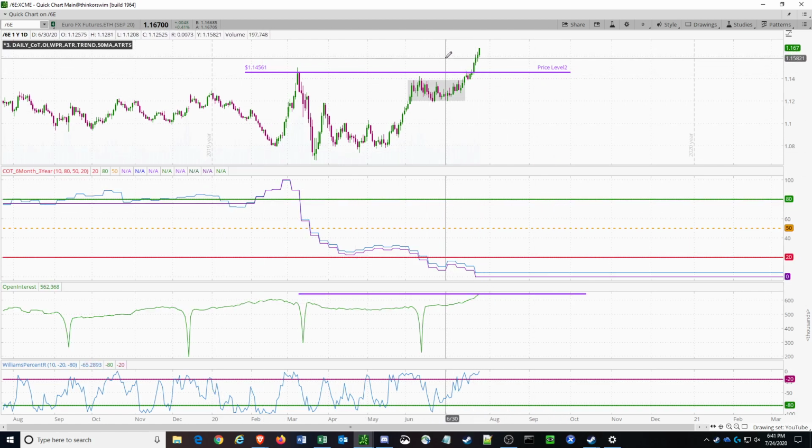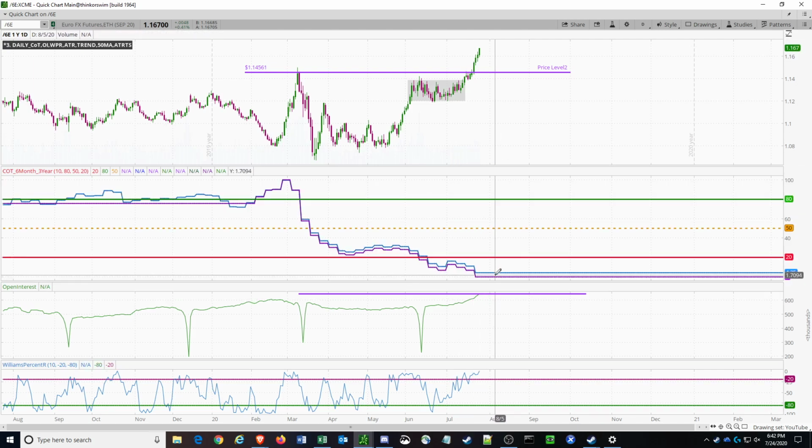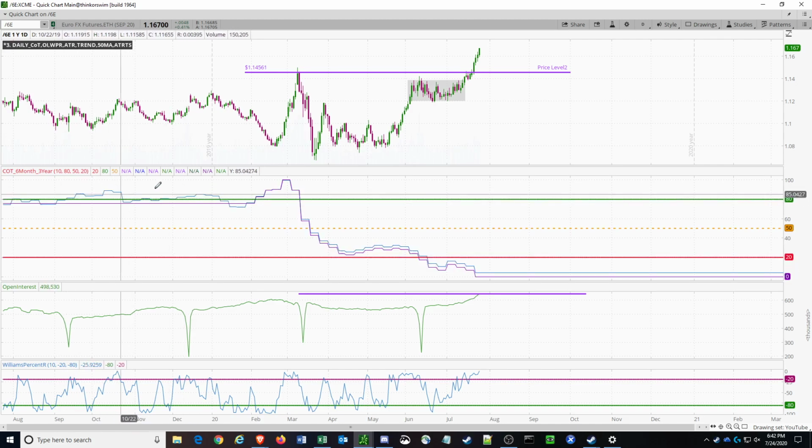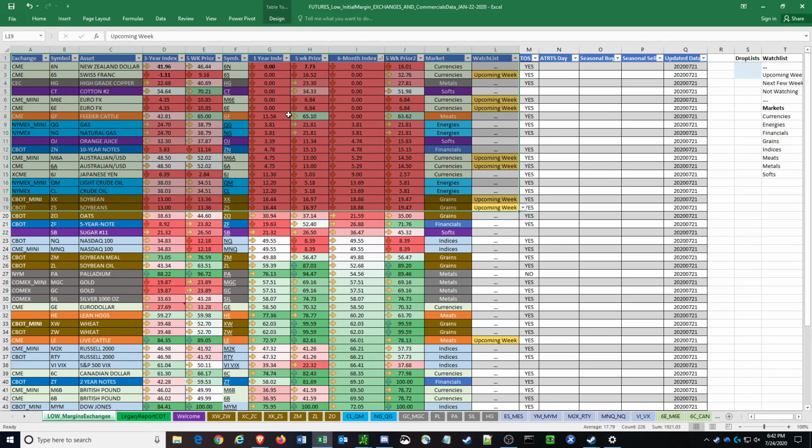So looking at the Eurofx, start to think about what a short position might look like and what a spike top might look like if the dollar starts to turn, because comms are really, really bearish on the, here's the 3-year index. Both the 3-year index and the 6-month index are really bearish on the Eurofx. So I'll be looking for a turn there.